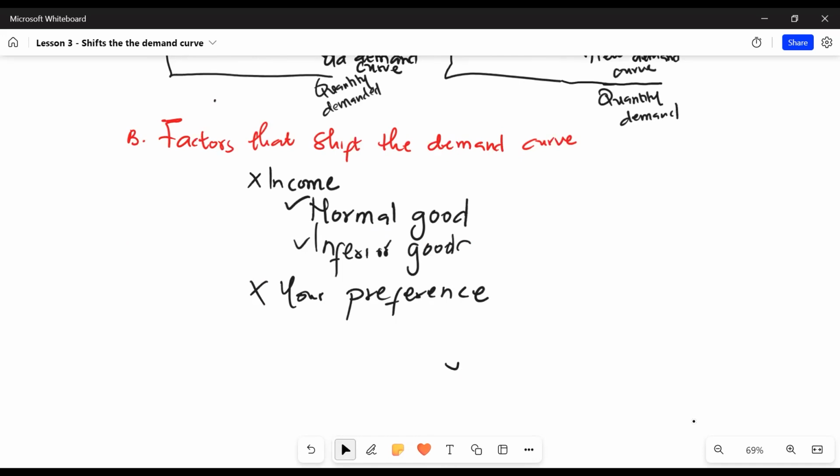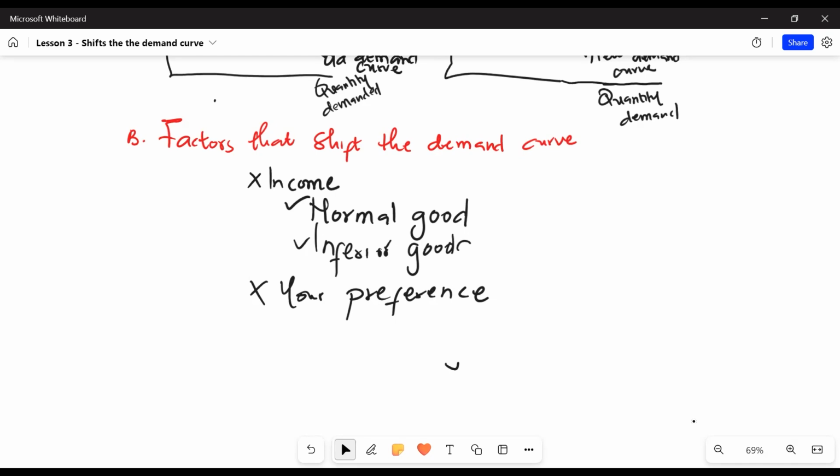So if your preferences change in such a way that one good becomes more popular, your demand curve will shift to the right, which means you increase your demand for that good. But if your preferences change in such a way that another good becomes less popular to you, then your demand curve will shift to the left, which means a decrease in the demand for that good.